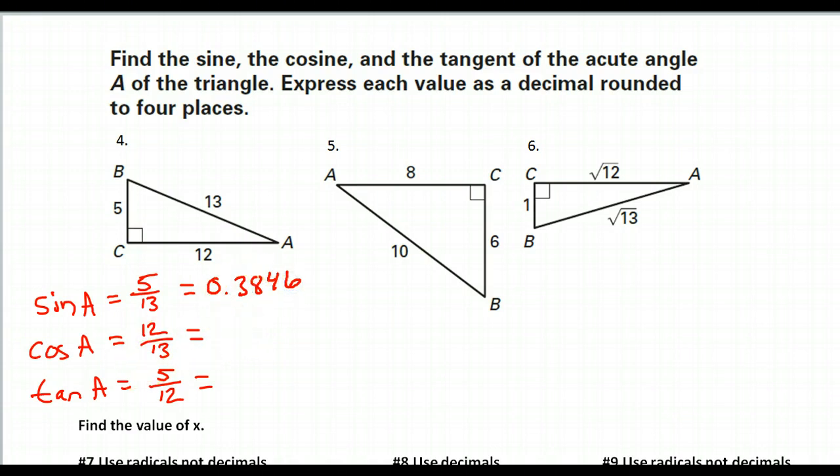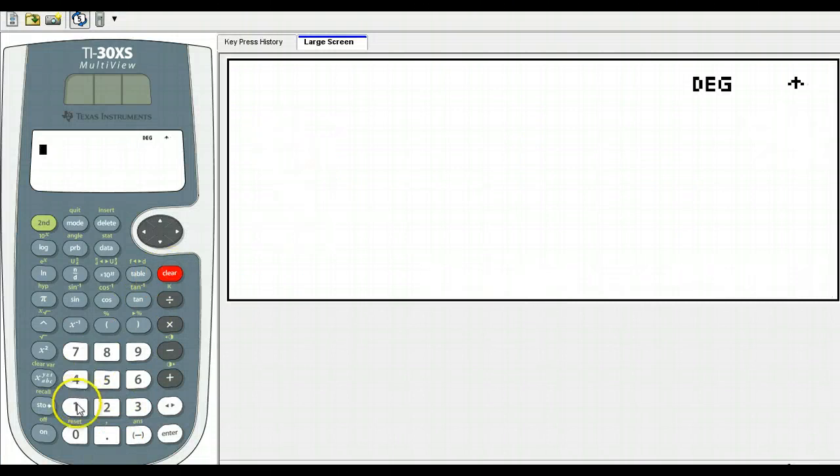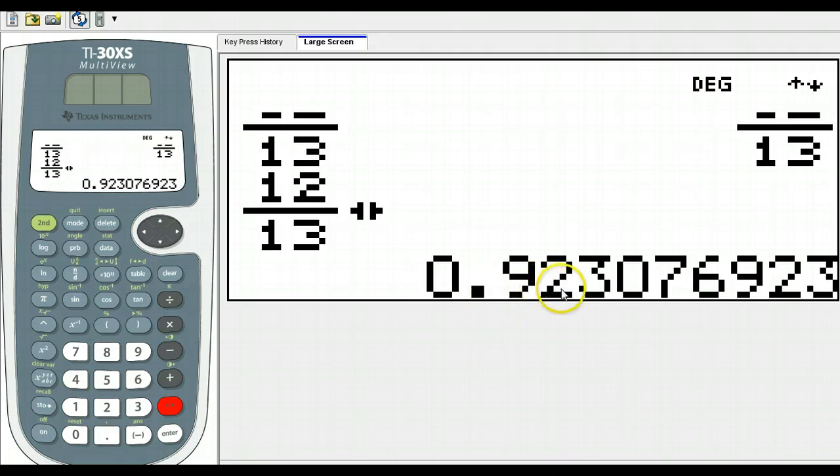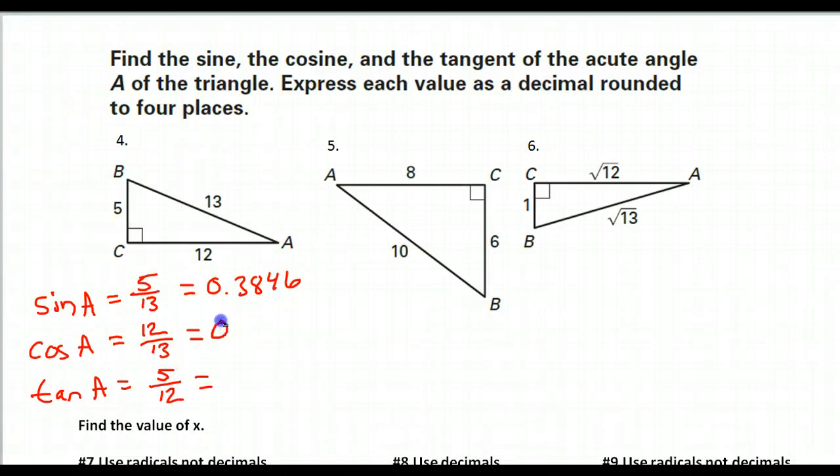12 over 13 is 0.9231. Again, notice I'm not hitting the cosine button or the sine button. I'm just converting the fraction to a decimal.